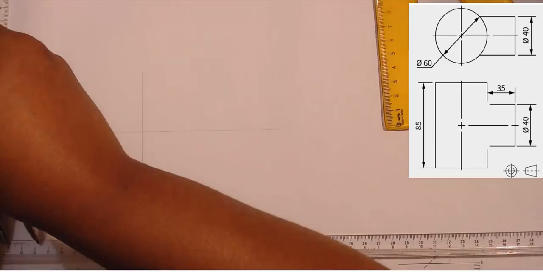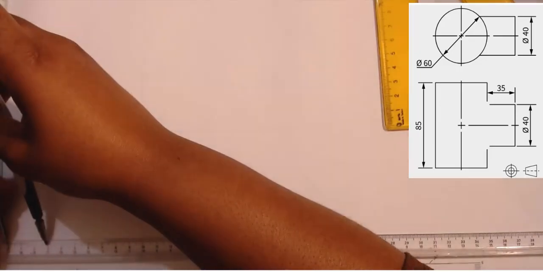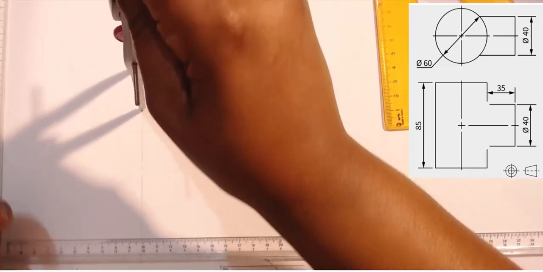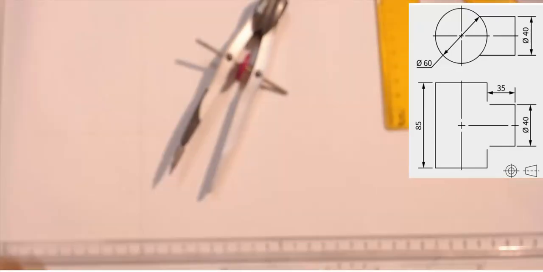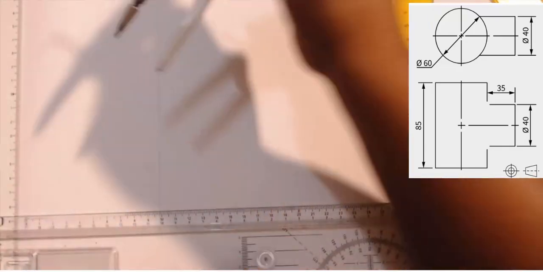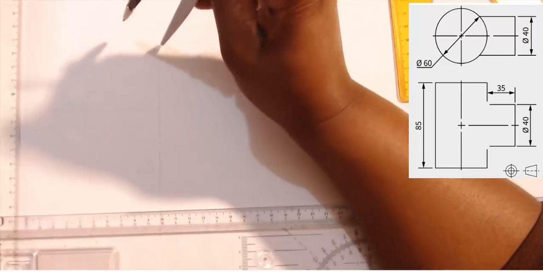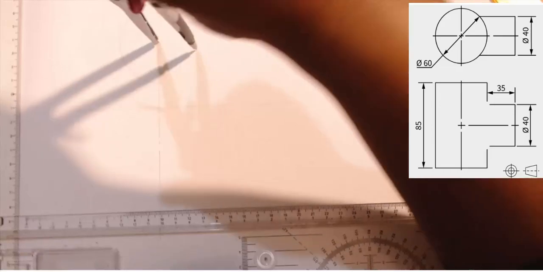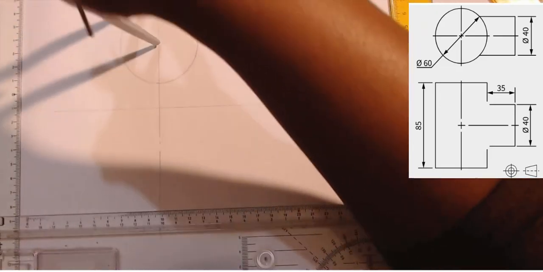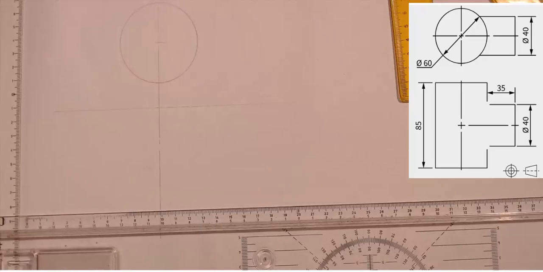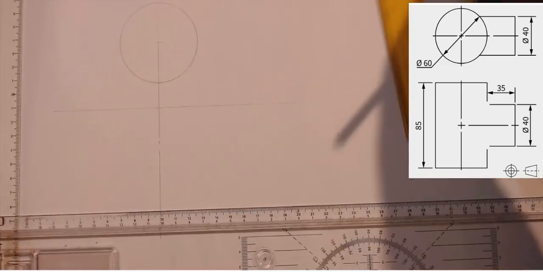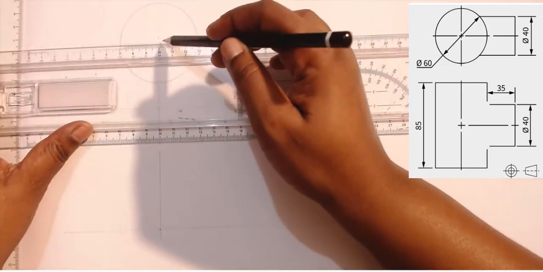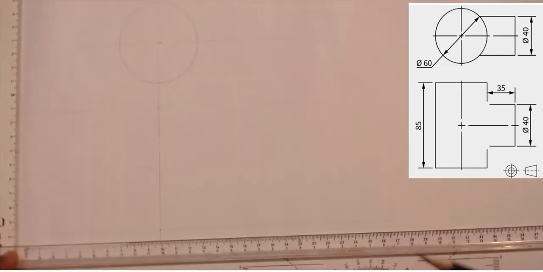Now I'm focusing on the top view, 60. That means my radius is going to be 30. So might as well draw the center line there.